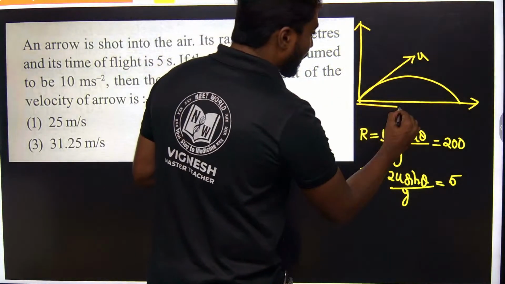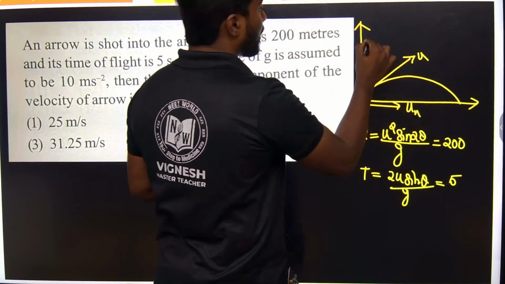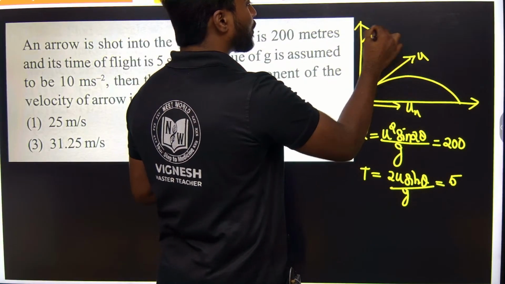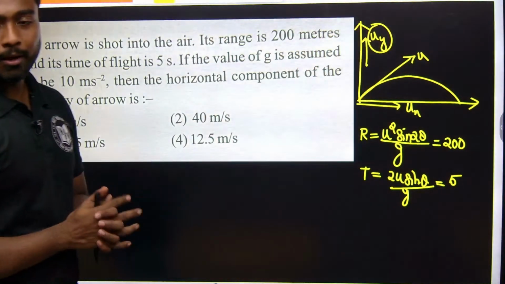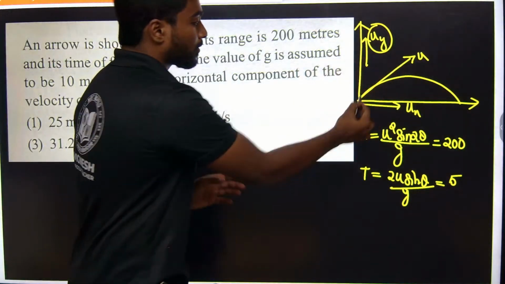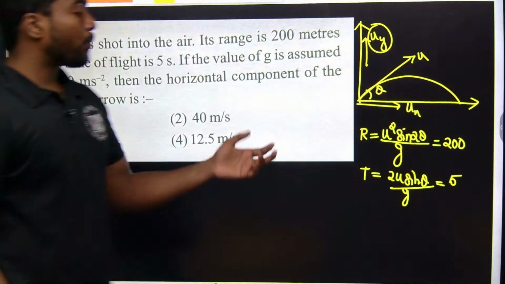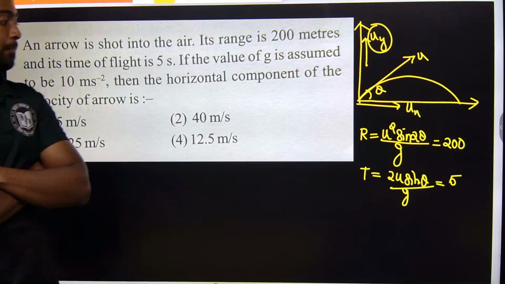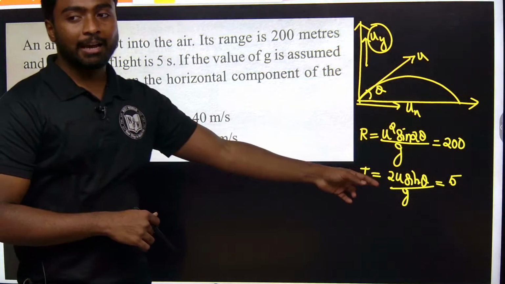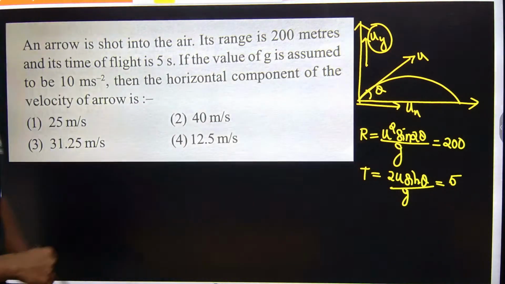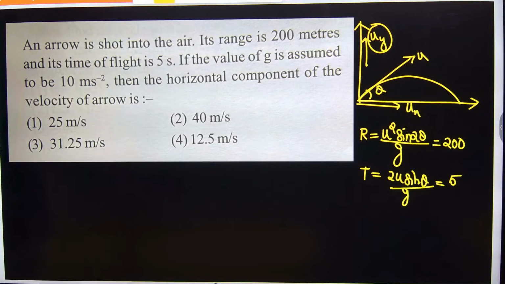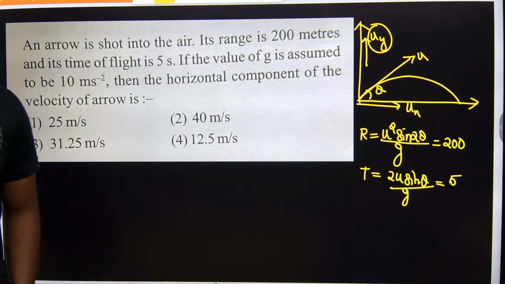So I need to find what is ux, and uy I don't need to find, but I will keep uy also. So this is my theta over here. Can you get what is the value of ux now? They have given two things, range and time of flight. I need the value of u cos theta. That's it.